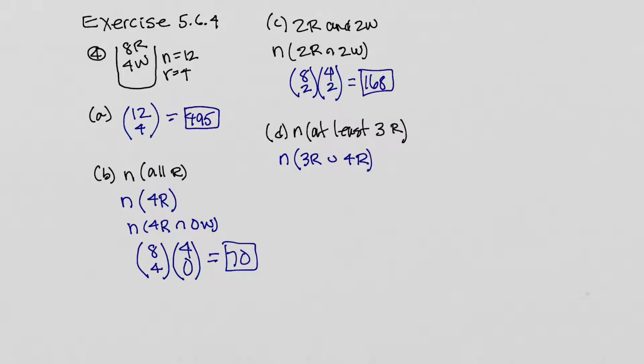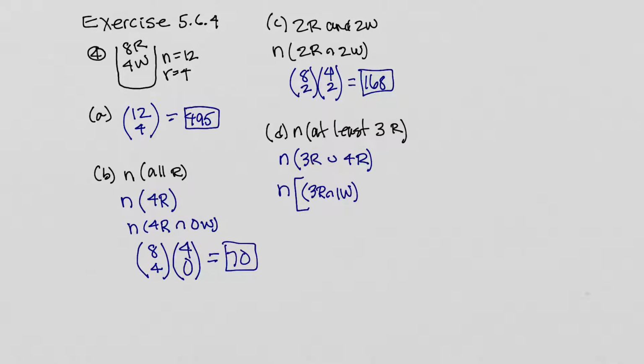But now I want to get these in terms of everything that is in this box. In this box, I've got reds and whites. I want these in terms of reds and whites. That will allow me to get to my count. So here's how I think we can do this. I'm going to put a square bracket here so I can count everything. I could get 3 reds and 1 white. Does that make sense? What I'm trying to get is 3 reds, but I'm drawing 4 balls altogether.